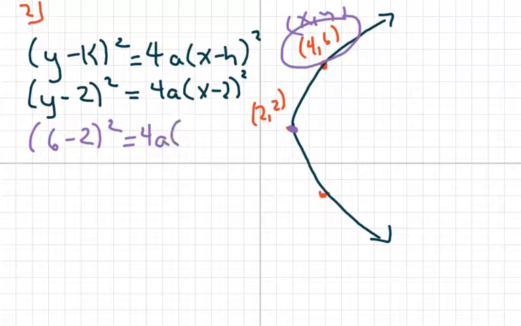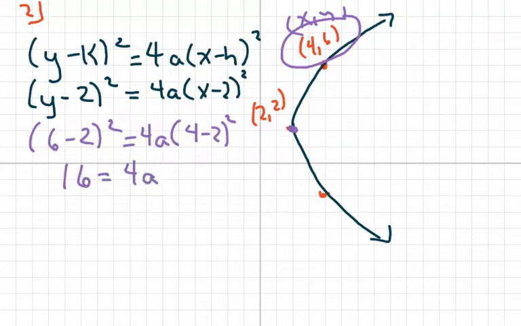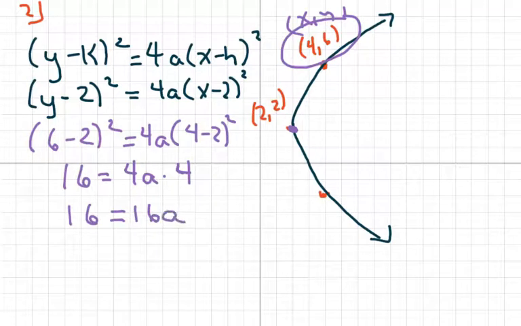My x is 4. So I get 4 squared, which is 16, equals 4a, because 2 squared is 4. So we get 16 equals 16a. So a is 1.